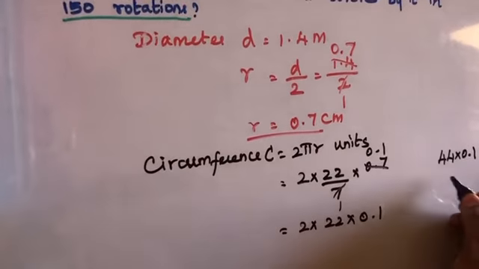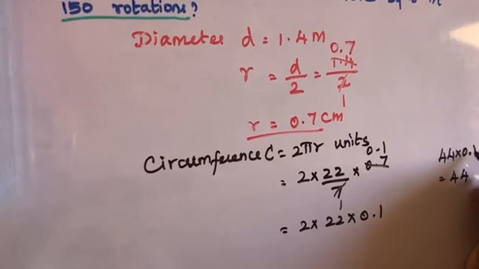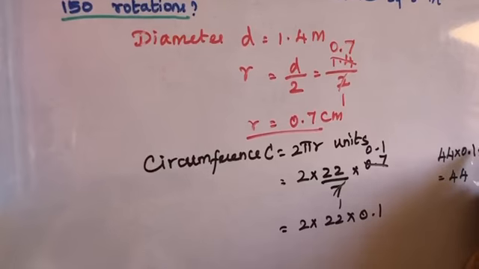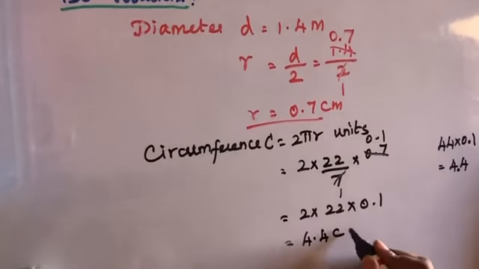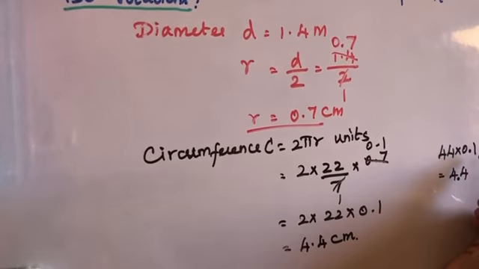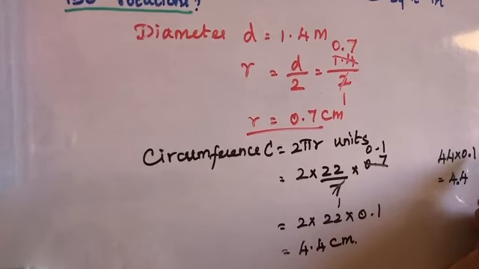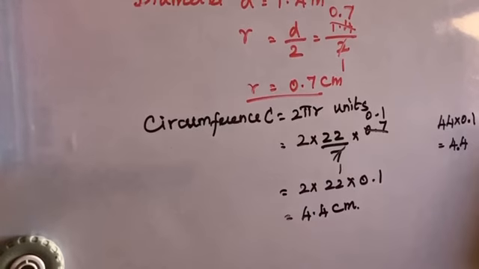While multiplying 44 with 1 you get 44 only, but here there is one digit after the point, so you have to keep the point after one place. Okay, so it is 4.4. When multiplying by 0.1, there is one decimal place after the point, so here also you have to keep the decimal point before the one digit. Now this is the circumference C is equal to 4.4.